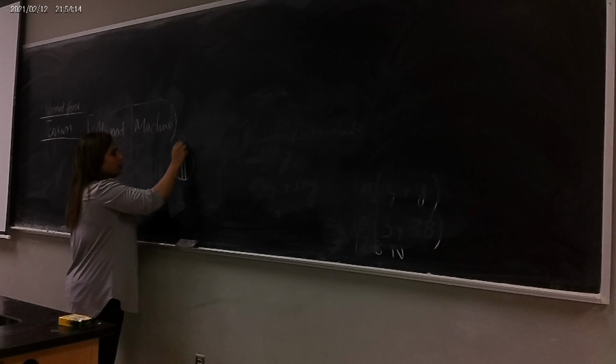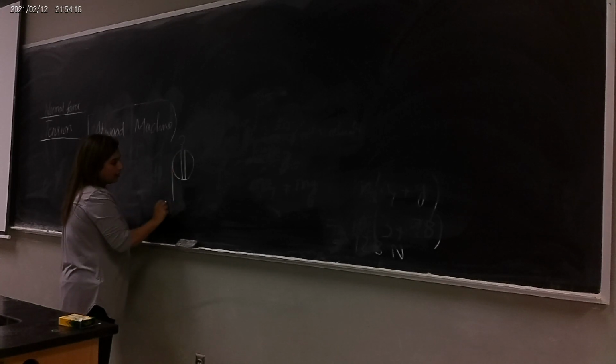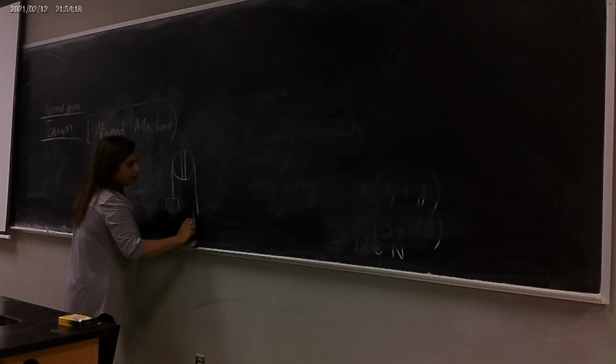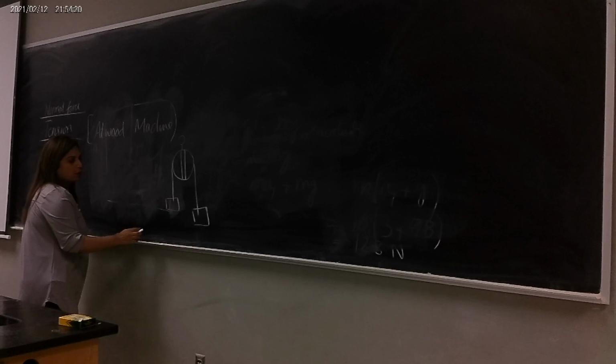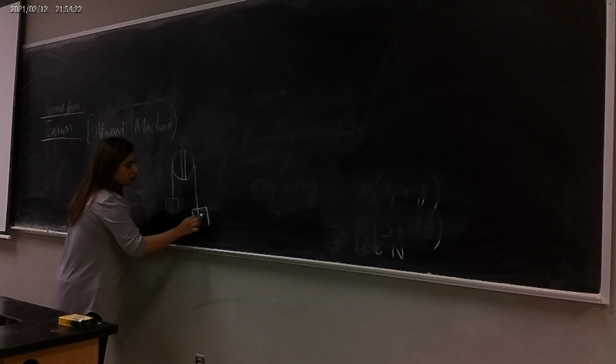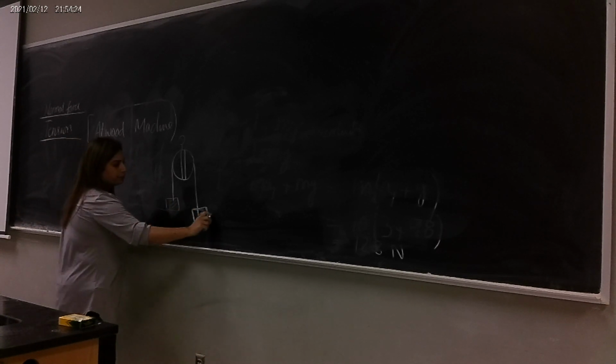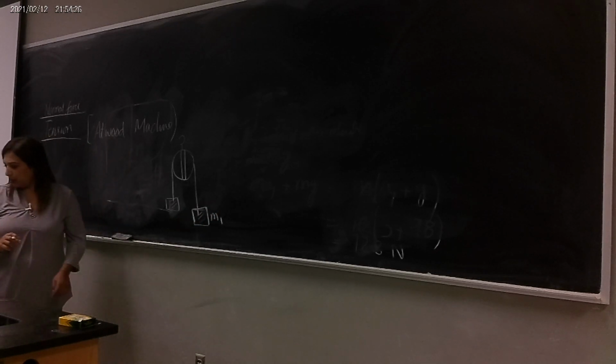So you had a pulley. There are two masses. One has to be higher than the other so that the system can move. Okay, let me use the same one.